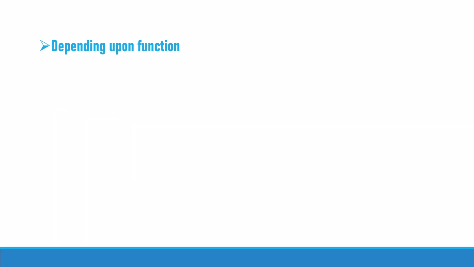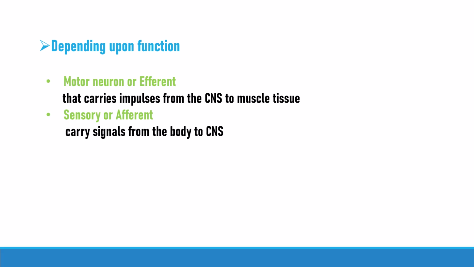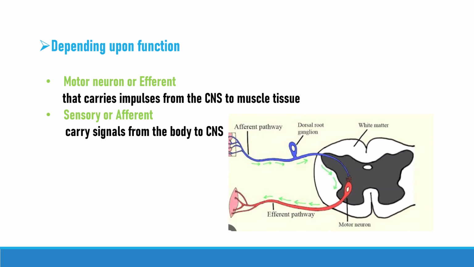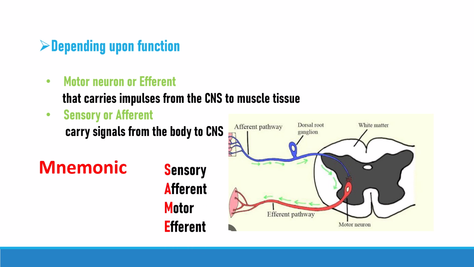Depending upon the function, it is classified into two: motor neuron or efferent, and sensory neuron or afferent. Motor neurons carry the impulse from the central nervous system to the muscle tissue. Sensory or afferent neurons carry the signals from the body to the central nervous system.